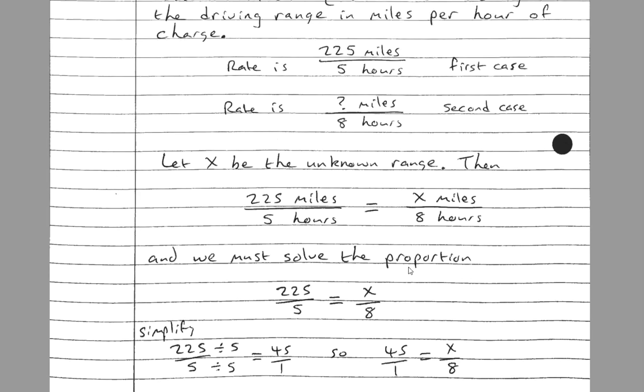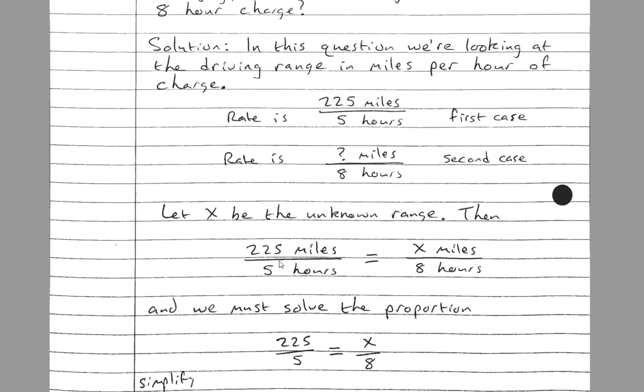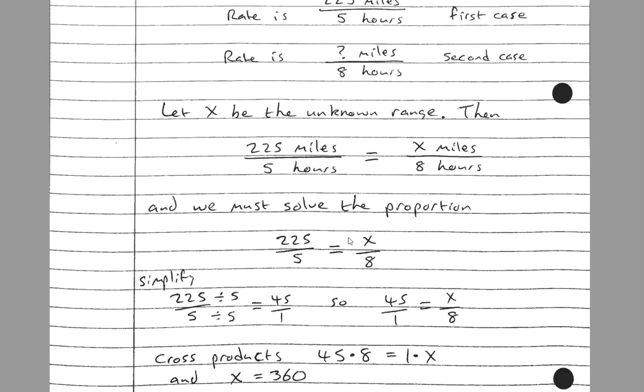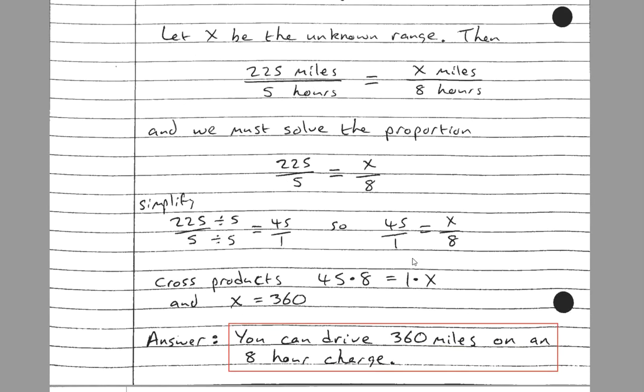So the new part of this question was just setting these two rates to be equal. Once you set it up like this, you can ignore the miles and hours and just solve the numbers.